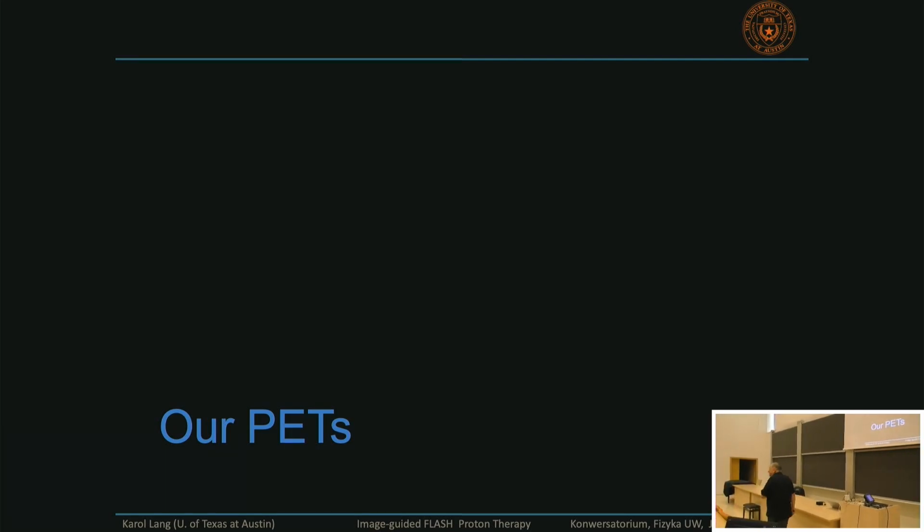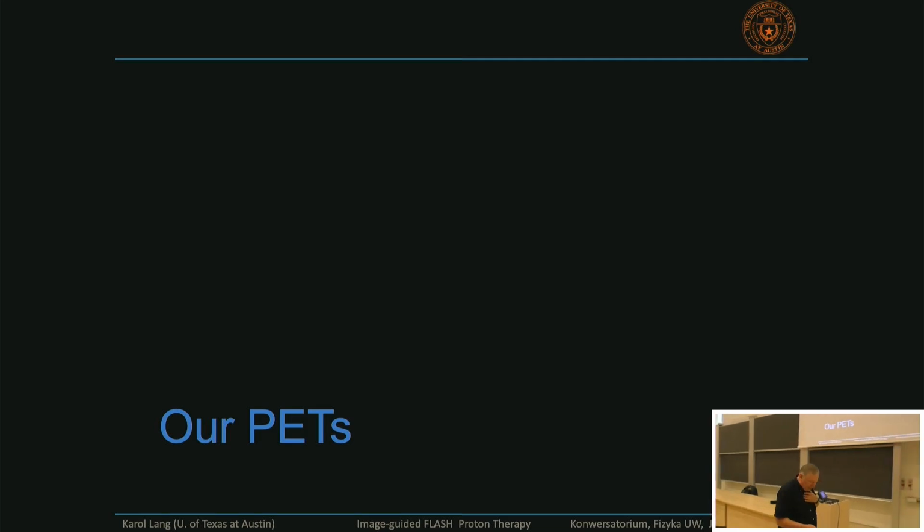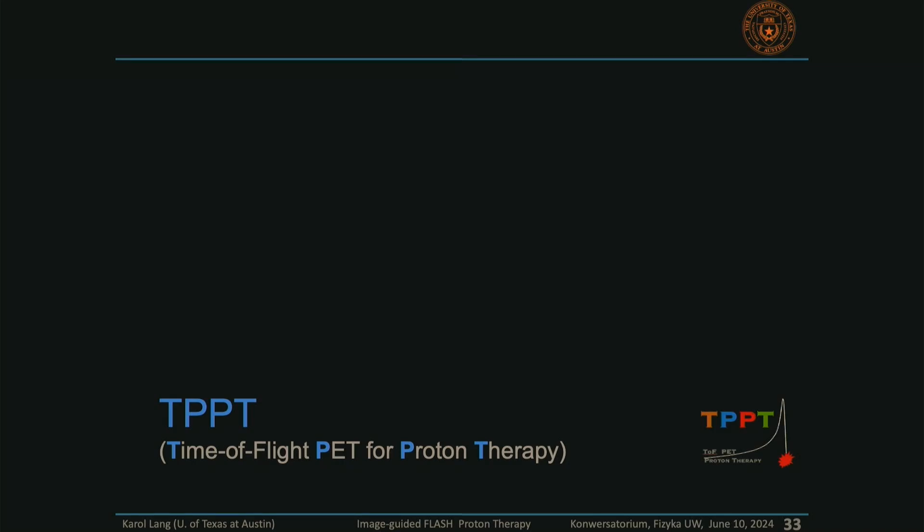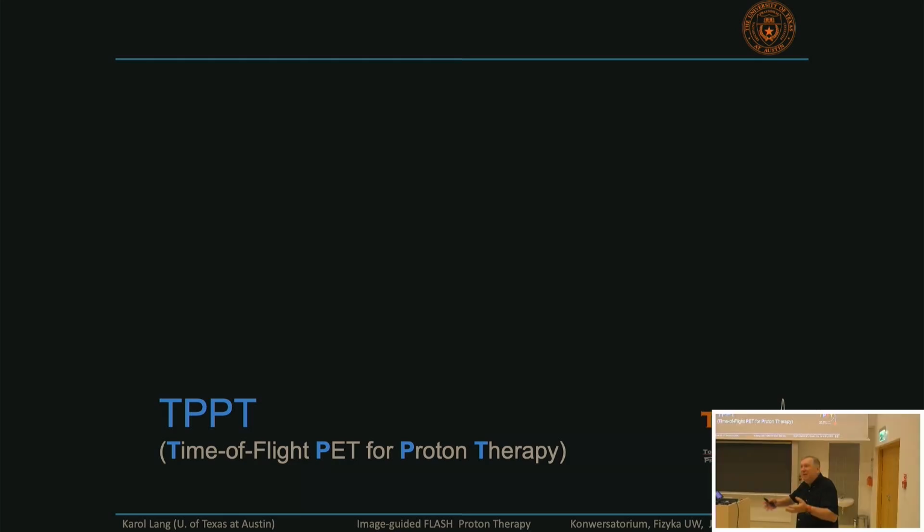Now I can maybe get into what we have been doing. I'll accelerate a little bit because now things are really very simple. 5 years ago, I was approached and it was proposed to me, how about if we build a positron emission tomography scanner to provide feedback for proton therapy?